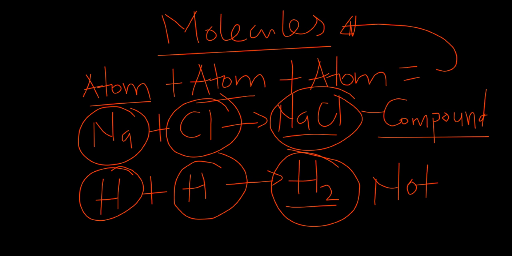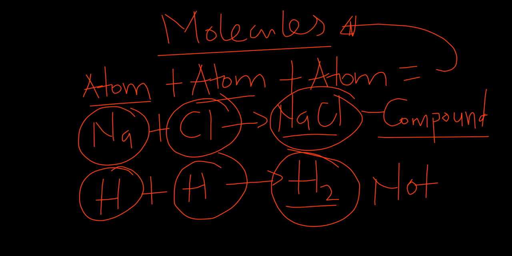Please think about this statement carefully and try and remember it. Now, let's illustrate what we've just learned using a diagram. So, we're going to illustrate what we have just learned.